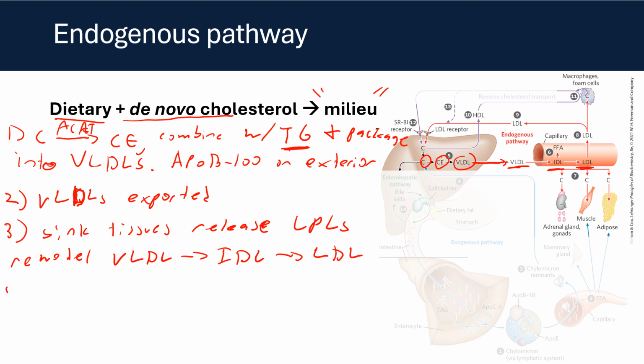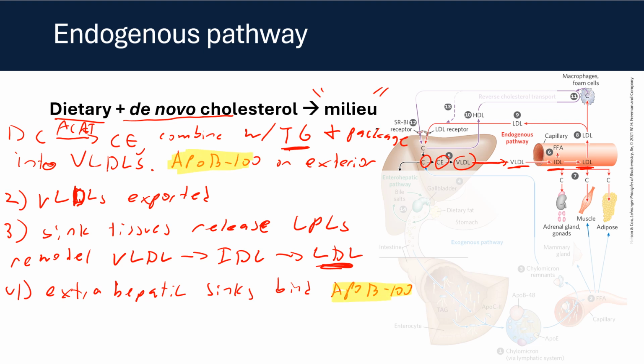Step 4, now that we have these LDLs that are super rich in cholesterol esters, extrahepatic sinks will bind ApoB100, which is on the exterior of what used to be VLDLs, but is now just LDLs.